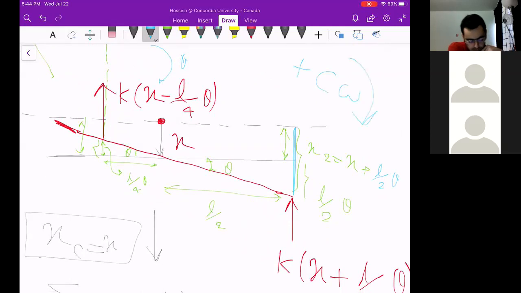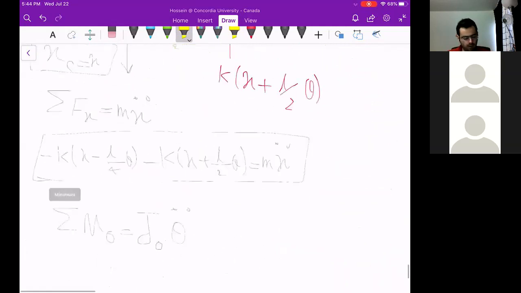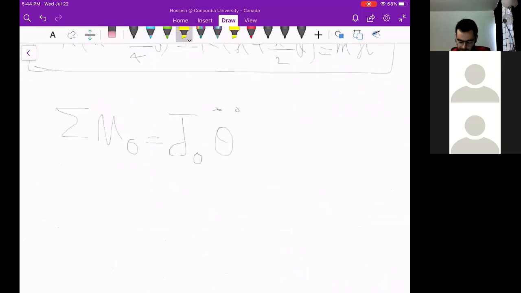The right spring will create counterclockwise moment, while the left spring will create clockwise moment, and these are the arms associated with each force which create moment around point C.